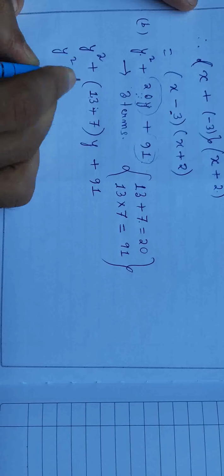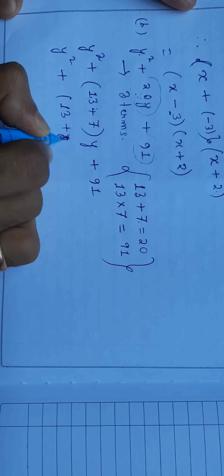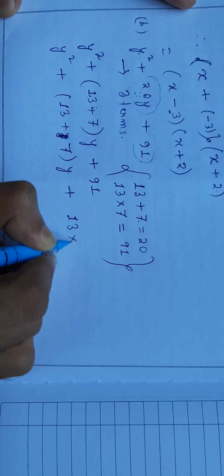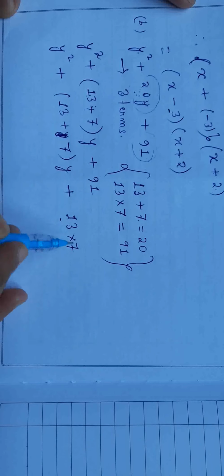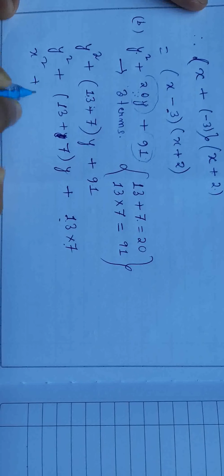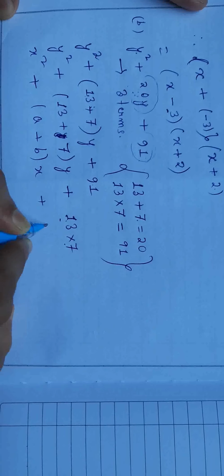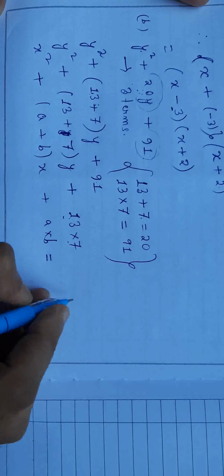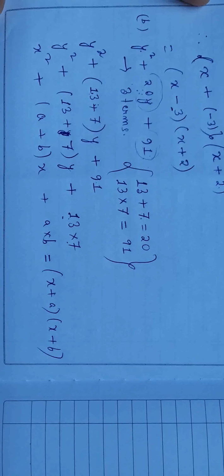So further this can be written as y square plus (13 plus 7) y plus 13 into 7. Now 13 into 7 is equivalent to 91. So it took the form x square plus a plus b x plus a into b, which equals x plus a and x plus b, the fourth identity.